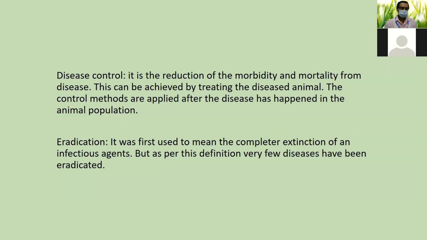So this is the difference between prevention and control. Prevention strategies are adopted before the occurrence of disease in the population, whereas control strategies are adopted after the occurrence of disease in a population.